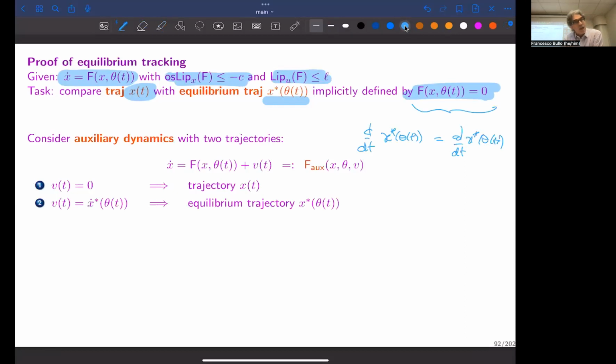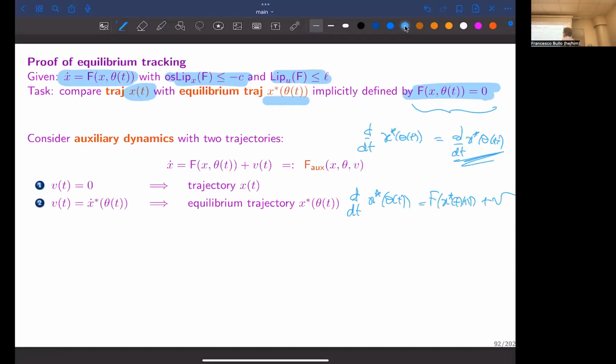And then I sum f on the right-hand side. So then I get that the derivative with respect to time of x star of theta of t is equal to f of x star of theta of t, and then I need to sum that. Let me call that v.